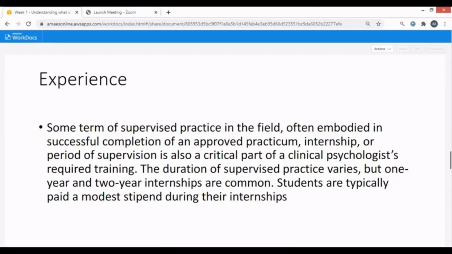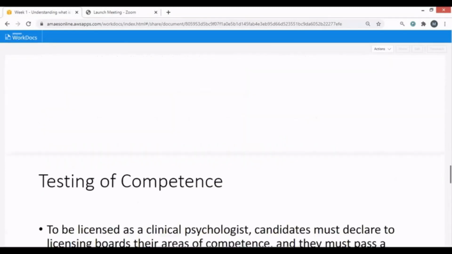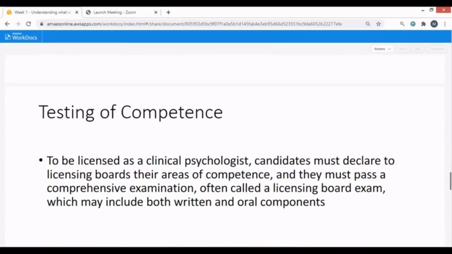Another requirement is for you to have a testing of competence. To be a licensed clinical psychologist, candidates must declare to the licensing board their areas of competence, and they must pass a comprehensive examination, often called a licensing board exam, which may include both written and oral components.